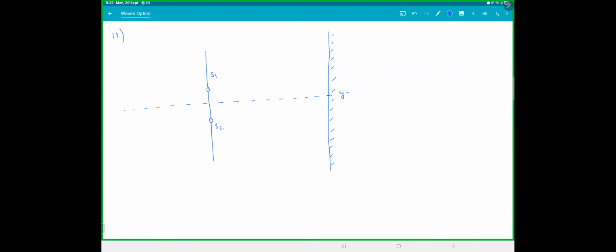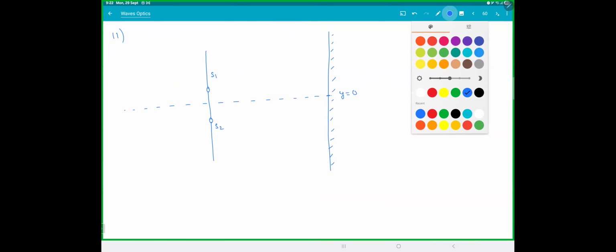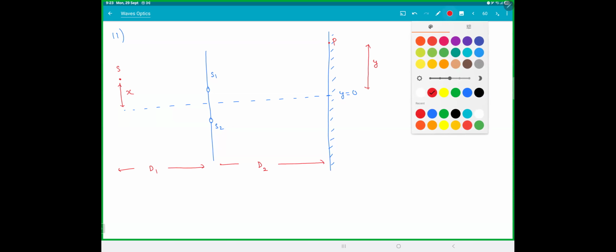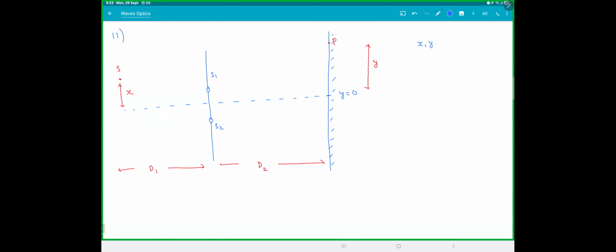Let's say we have a source here. That means the source is not in the center anymore. Let this distance be x. Let this distance be d1. Let this distance be d2. There's a point P here at a distance y. X and y are much, much smaller than d1 and d2.